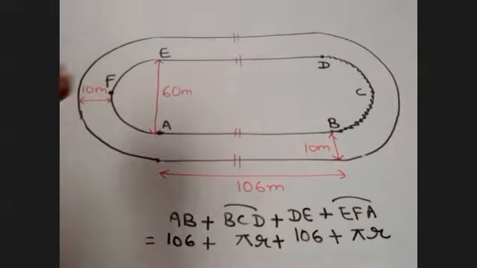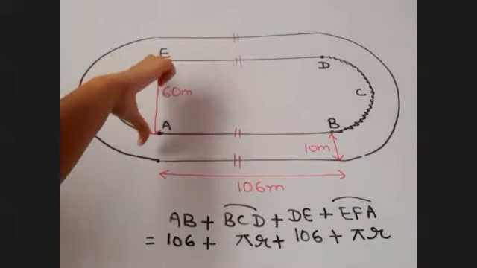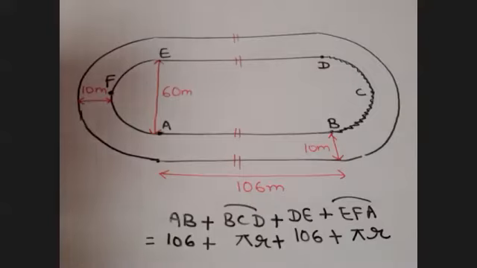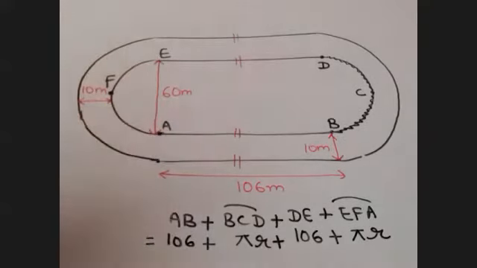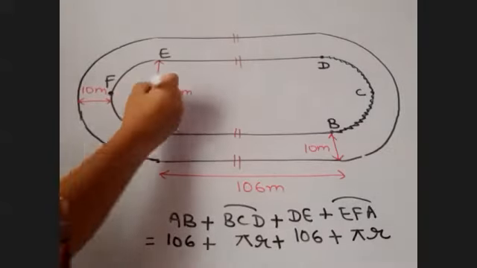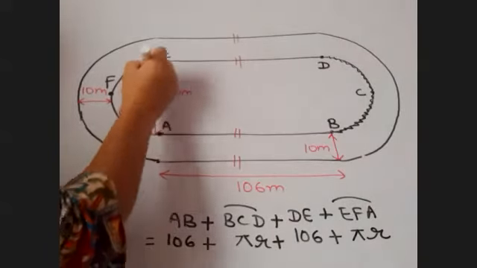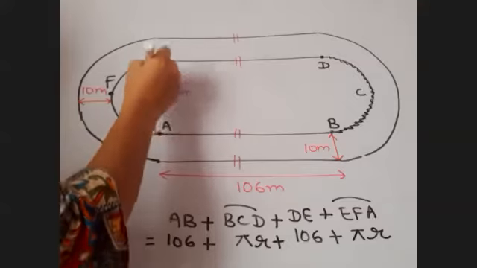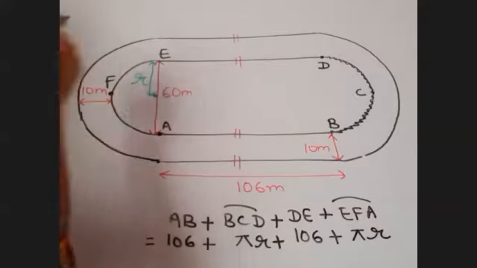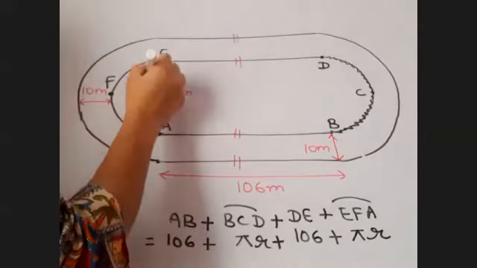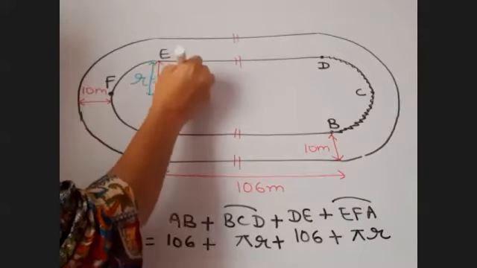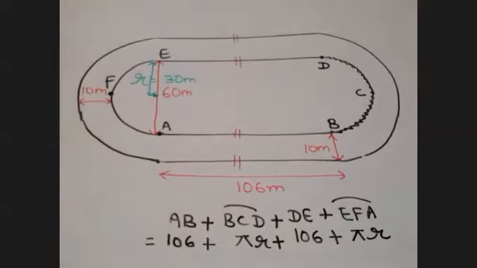And clearly from the figure, this 60 meter is the diameter of the inner semicircle. So if the inner is 60, from here till here is the radius. What is this going to be? 30 meter. The small r is 30 meter.